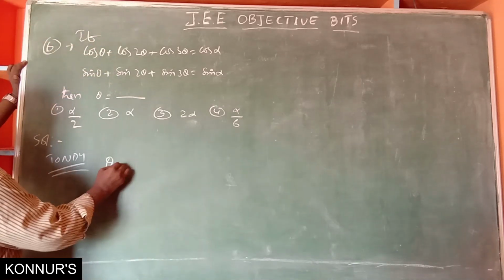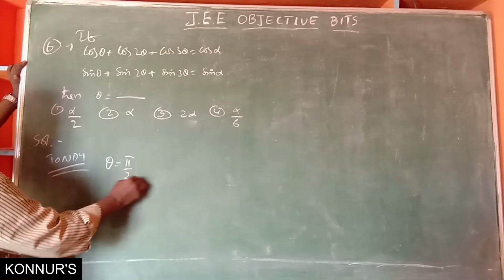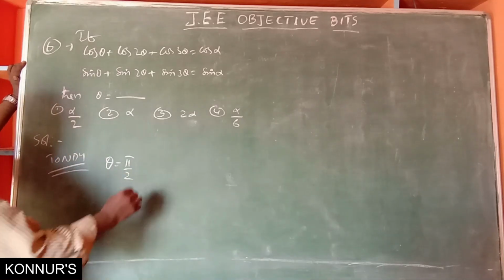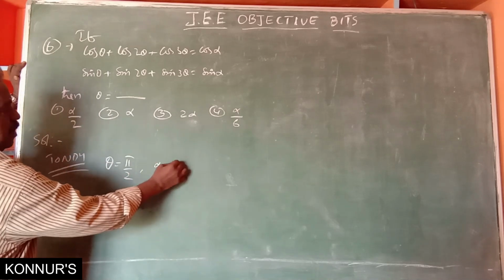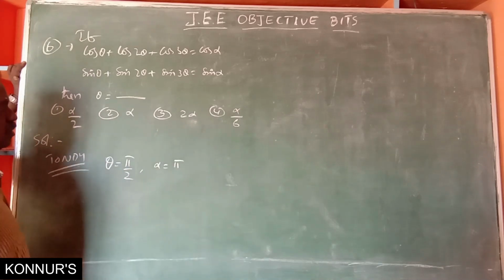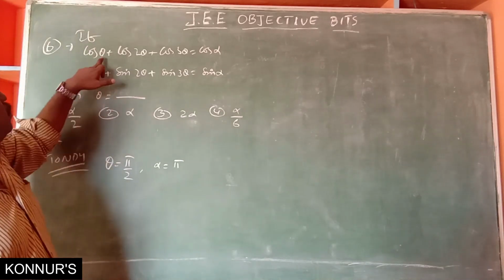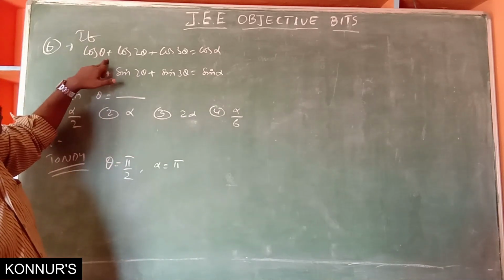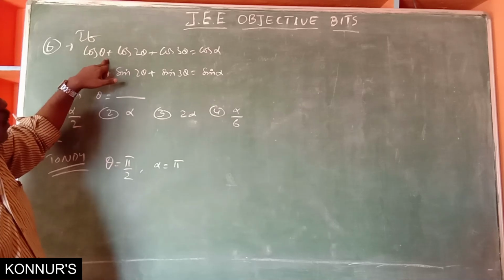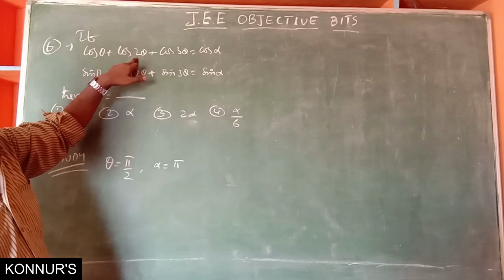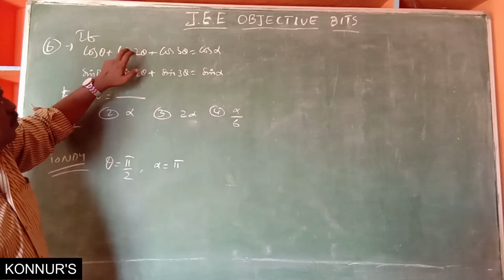You see, for theta, just to assume, pi by 2, and alpha is equal to pi. Is it okay? Yeah, sorry. Theta is equal to pi by 2 means first equation, cos 90 is 0. Cos 2 into 90, cos 180 is minus 1.